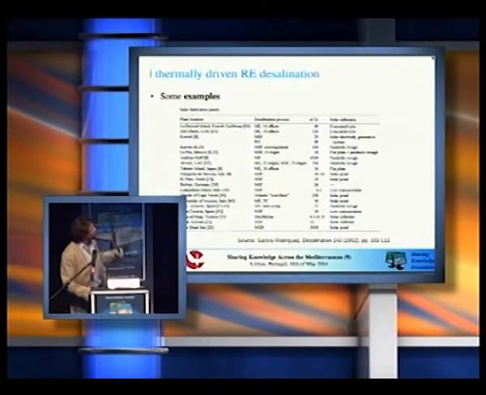If we look into this short table, which summarizes a number of thermally driven renewable energy desalination systems, we can see that we have a broad range of capacities, from 0.3 cubic meters a day to 6,000 cubic meters a day. And we can see on the right that we can have a vast variety of solar collector technologies linked to a wide variety of desalination processes.